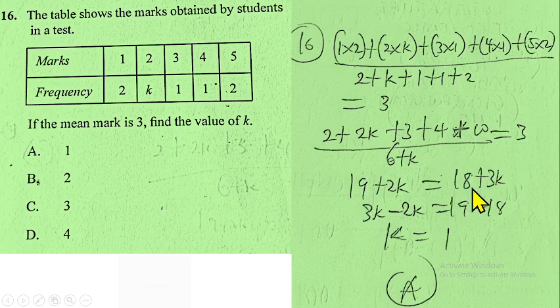So you have 3k minus 2k equals 19 minus 18. 3k minus 2k is k, equals 19 minus 18, which equals 1. So the value of k here is 1. That means mark 2 appears 1 time as well. And option A is the correct option for question number 16.